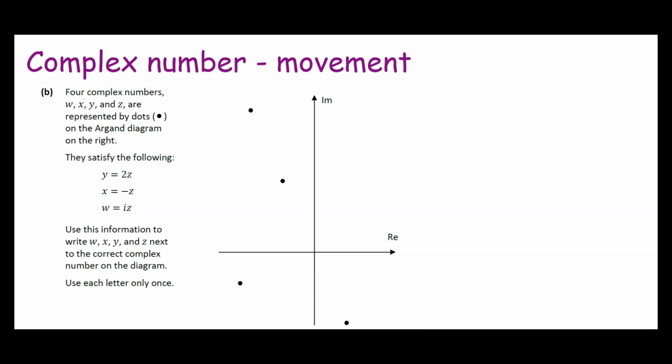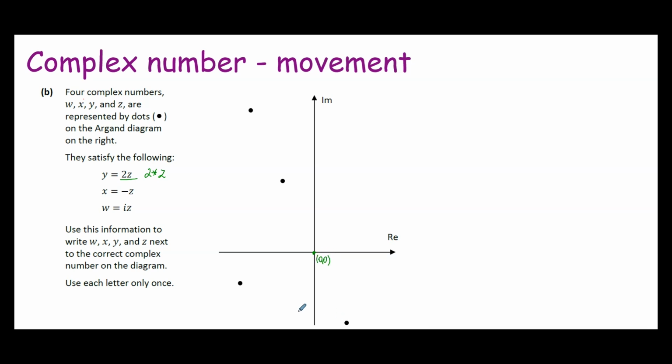Okay, so the first part, the letter y, or the dot that represents y, will be 2 multiplied by the complex number. What does that mean? If I multiply that complex number by 2, my distance from that complex number to the origin, to that point 0, 0, will be twice as long.